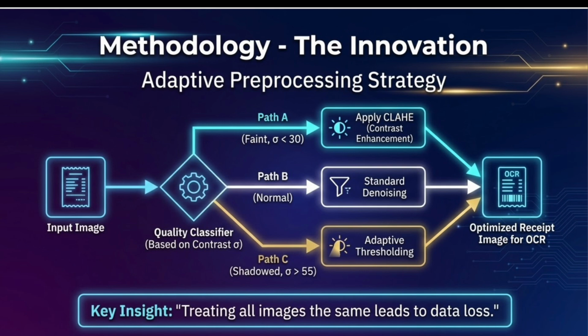These get aggressive adaptive thresholding to binarize the image and isolate text from dark backgrounds. The key insight here is that treating all images the same leads to data loss. Applying aggressive preprocessing to faint images destroys information, while gentle processing leaves shadows unaddressed. This adaptive strategy allows each image to receive exactly the enhancement it needs.